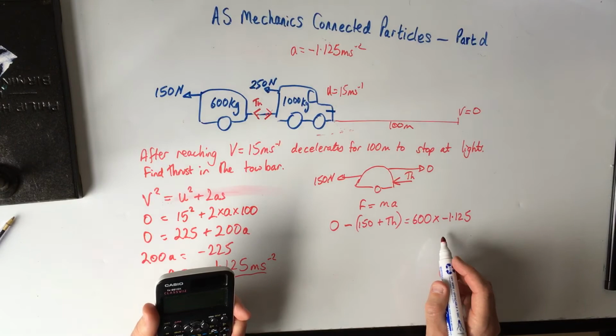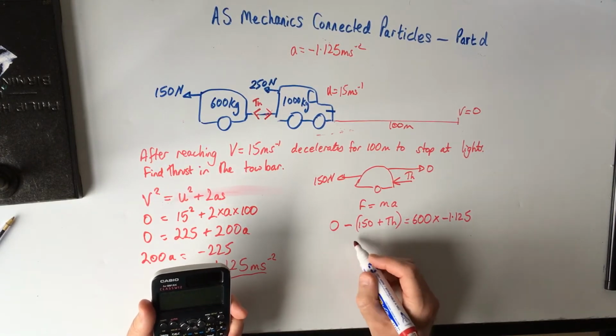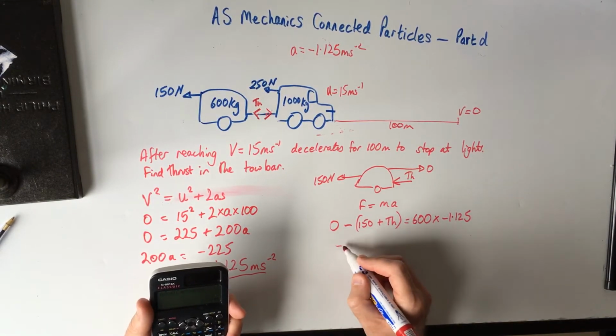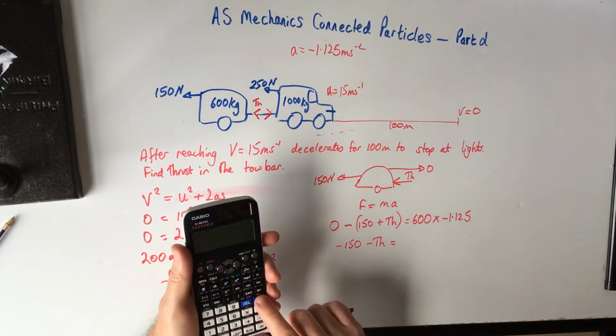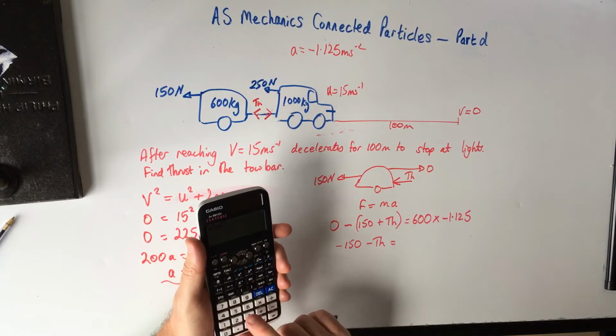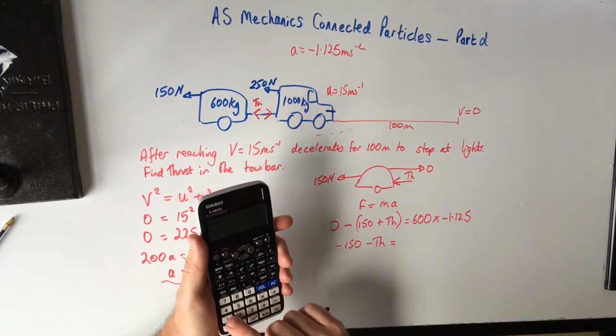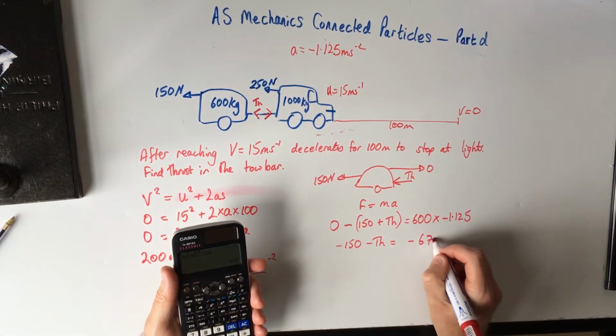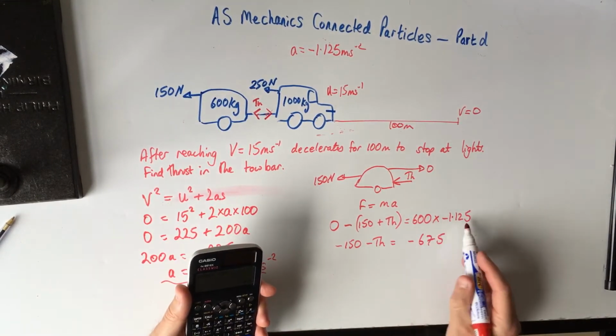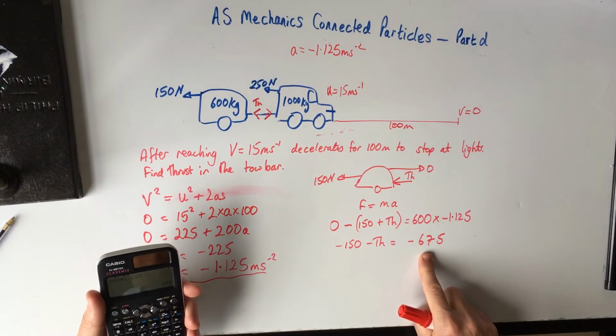This actually, if I just go minus 150 minus the thrust is equal to 600 times 1.125, which is equal to minus 675. Okay, so that times minus that is the minus 675.